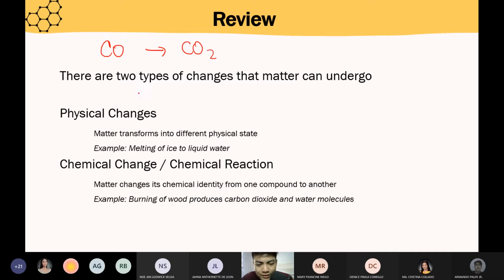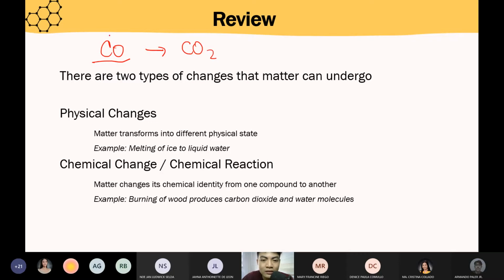Siguro isipin nyo, that's a minor change lang naman. Parang we don't need to worry about that. But keep in mind na yung kanyang chemical formula ay ibang-iba doon sa kabila. So, ibig sabihin, its chemical property will be very different to the other. And gaya nga ng sabi ko, later on, I will emphasize on this again.